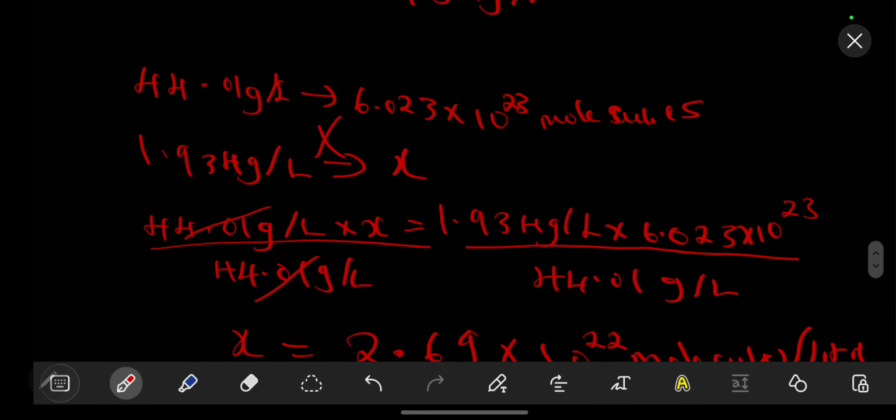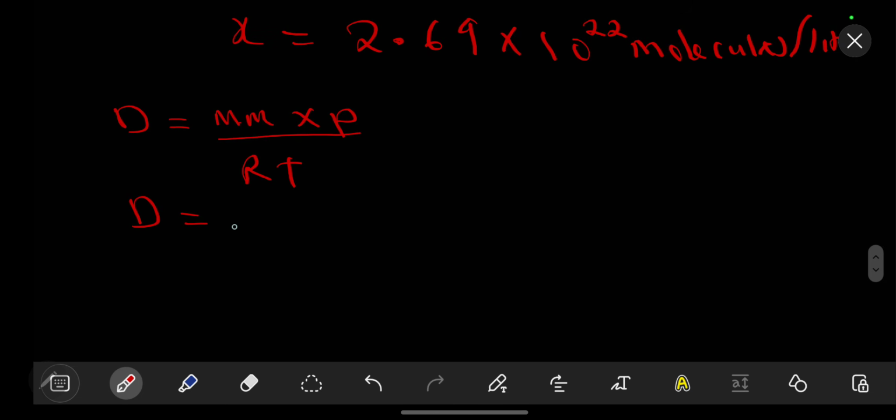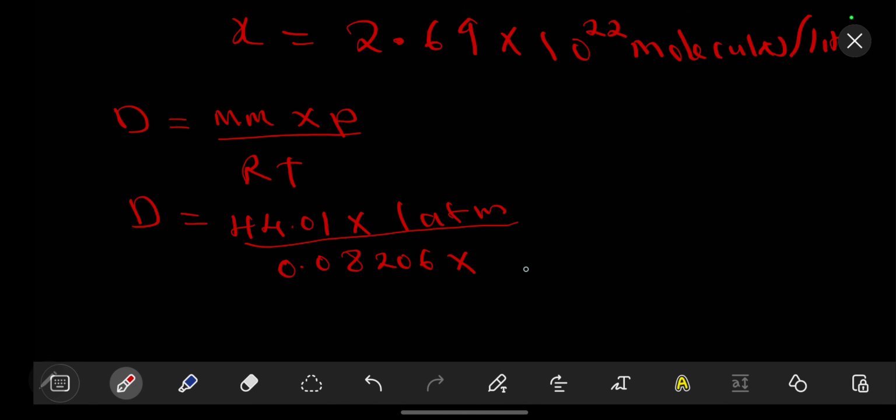So we are going to say the molar mass 44.01 times the pressure is 1 atm, it hasn't changed, over the gas constant 0.08206 times what is the temperature. The temperature is equal to 20 degrees Celsius plus 273.15.